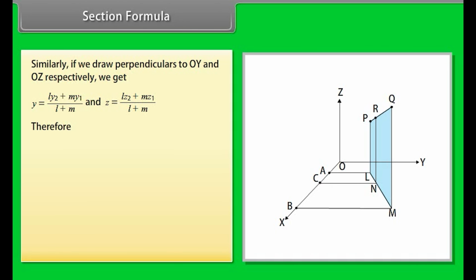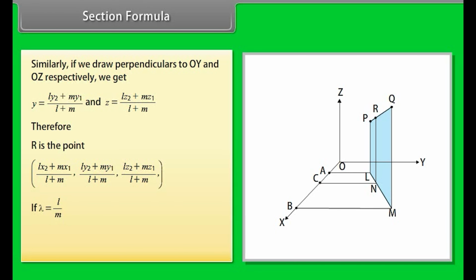Therefore, R is the point ((Lx2 plus Mx1) divided by (L plus M), (Ly2 plus My1) divided by (L plus M), (Lz2 plus Mz1) divided by (L plus M)).